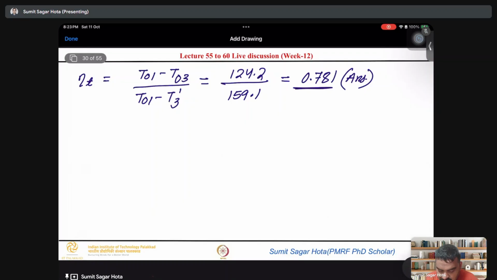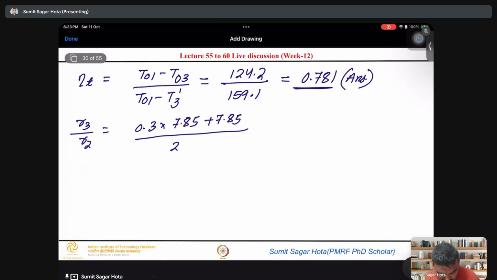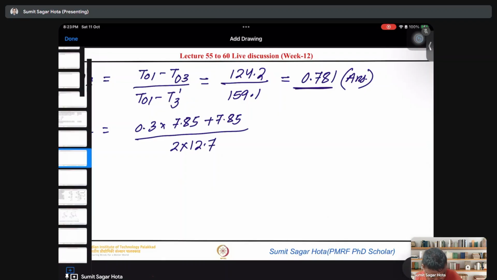So now let's find out the ratio of R3 by R2. Okay, so R3 by R2 is equal to 0.3 into 7.85 plus 7.85 divided by 2 into 12.7.